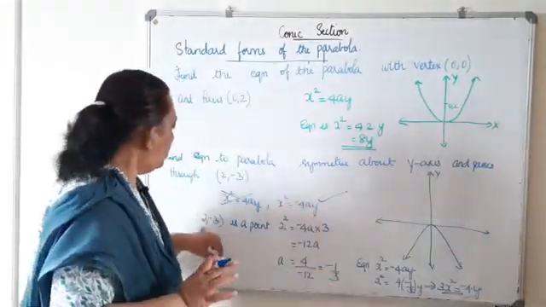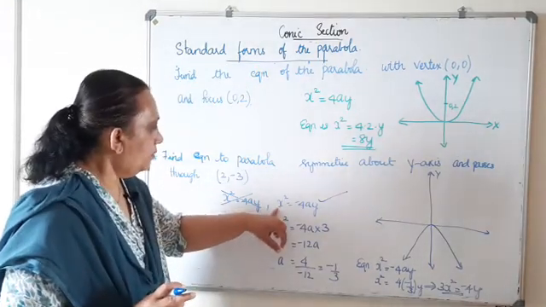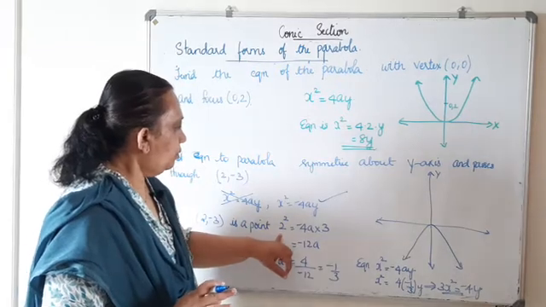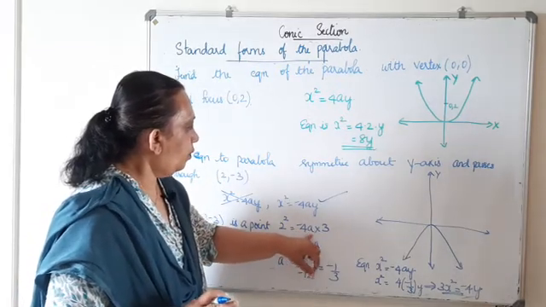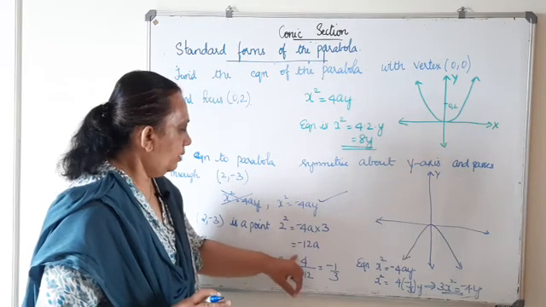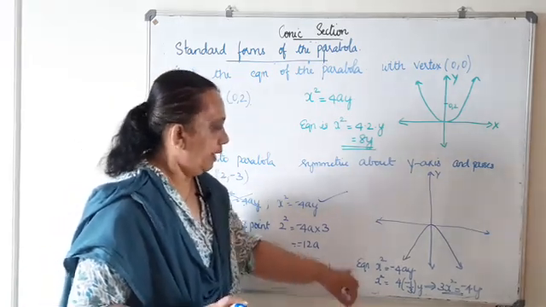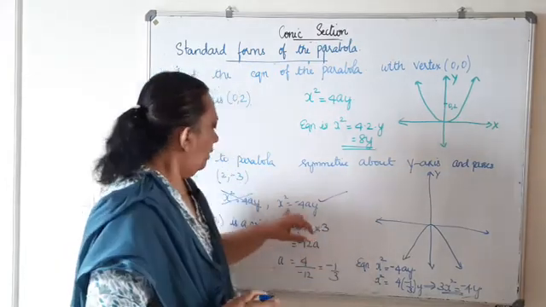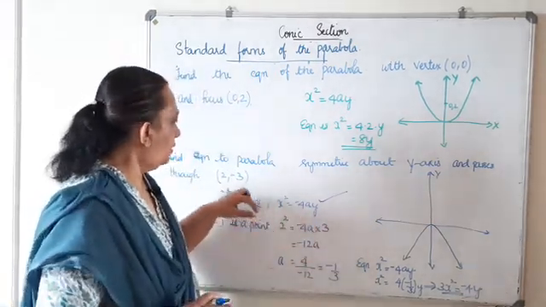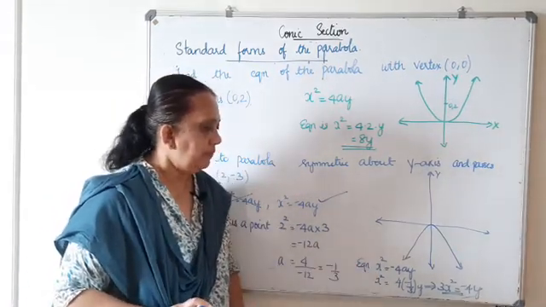So since 2, -3 is a point on the parabola, you can see that x is 2. 2 squared is equal to minus 4a into 3. That is equal to minus 12a. A is equal to 4 by minus 12, which is equal to minus 1 by 3. Equation is x squared is equal to minus 4ay.